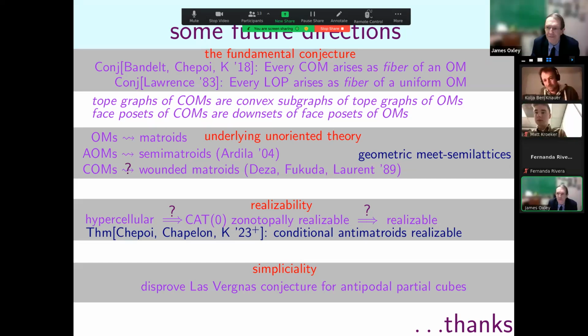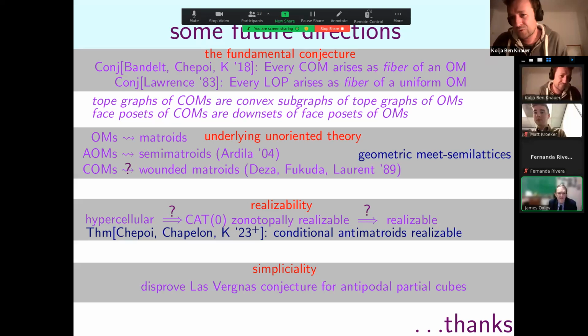And if you take the faces, so the covectors of the COM, and now you only look at the zero sets of them, so for every covector, the set of elements which are zero, and you order them by inclusion, what you will get will be a bouquet of matroids.